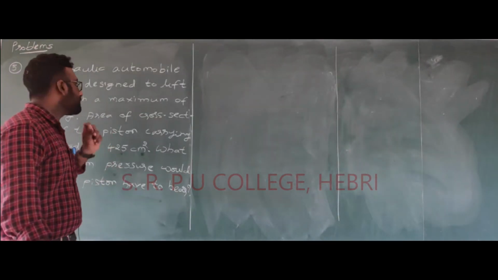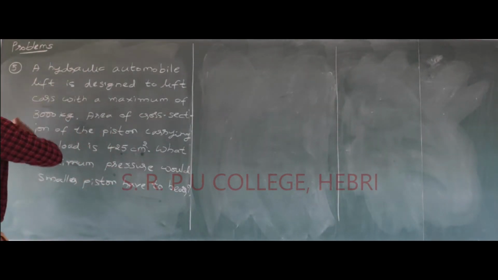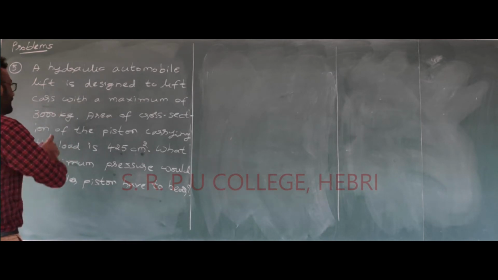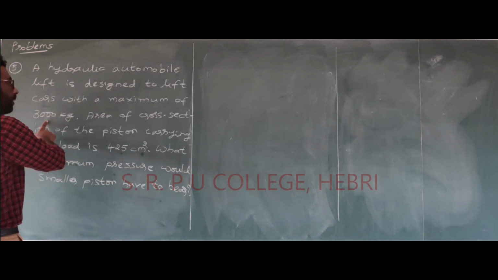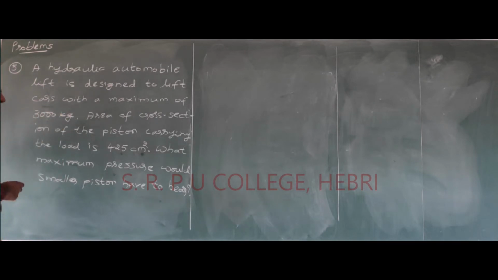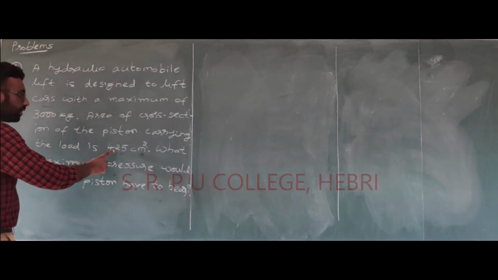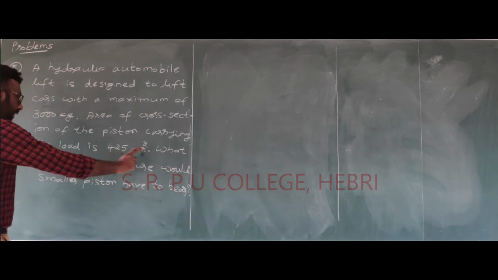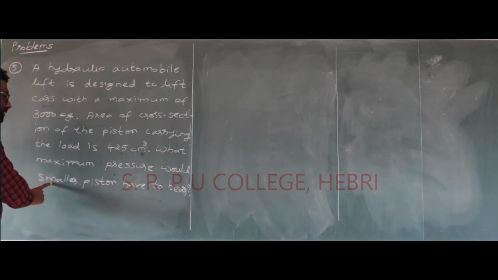Okay, the next problem. A hydraulic automobile lift is designed to lift cars with a maximum of 3000 kg. The area of cross section of the piston carrying the load is 425 centimeter square. What maximum pressure would the smaller piston have to bear?